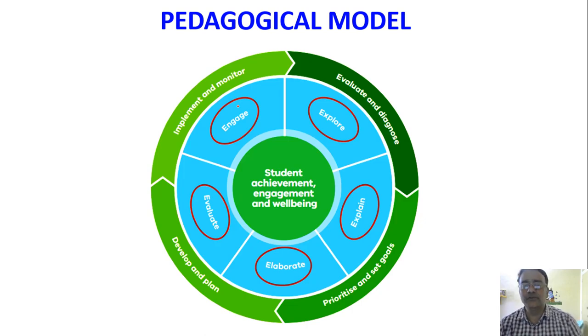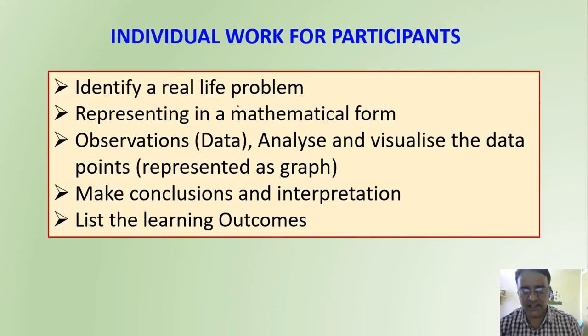Now I'm going to move towards the next section, that is individual work for participants. Every participant has to complete this individual work, and I will share one Google form to upload the individual work also. What you have to do is identify a real life problem, then represent it in mathematical form, like sir told about that physics example and that simple interest example.